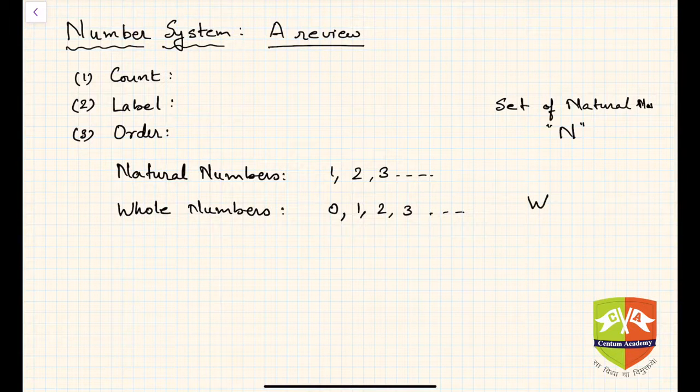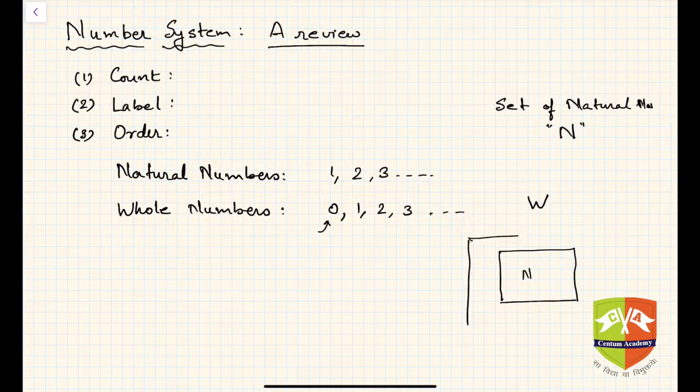So you can clearly see the set W has one extra member, that is this 0, compared to the natural numbers, isn't it? So hence, if I have to pictorially represent the two sets, if this is my natural number set, then the whole number set will constitute all the natural numbers plus 0, and hence this will be called the whole number set.